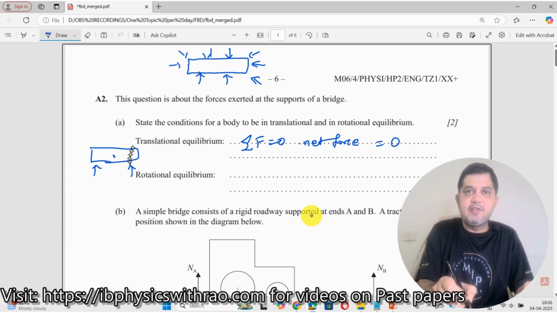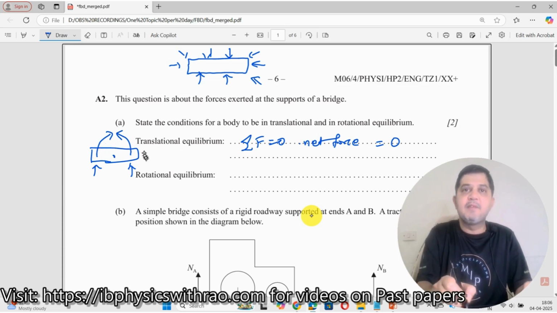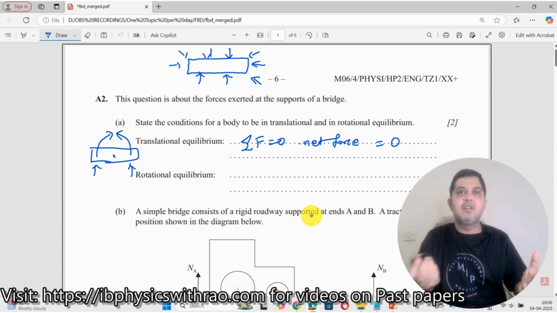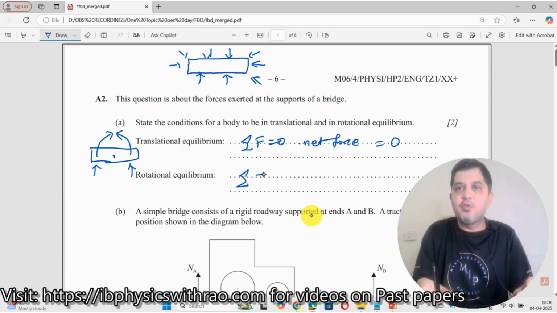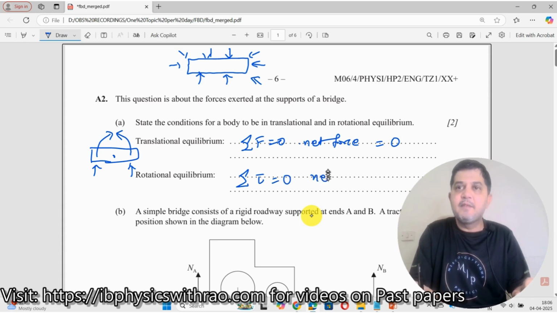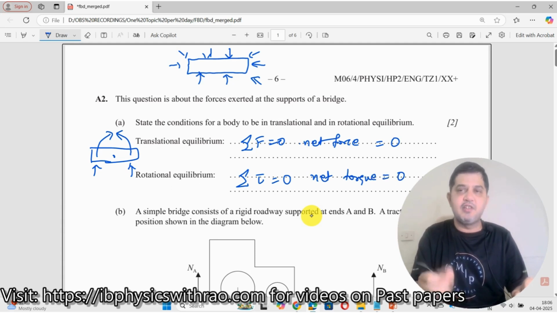You apply a force here, this will make it rotate like this, and this will make it rotate like this. But if the torques they give cancel each other, then there is no rotation at all taking place. In other words, rotational equilibrium means the total sum of all the torques is equal to 0. I should write: net torque acting on an object equal to 0. Then we get this as rotational equilibrium.